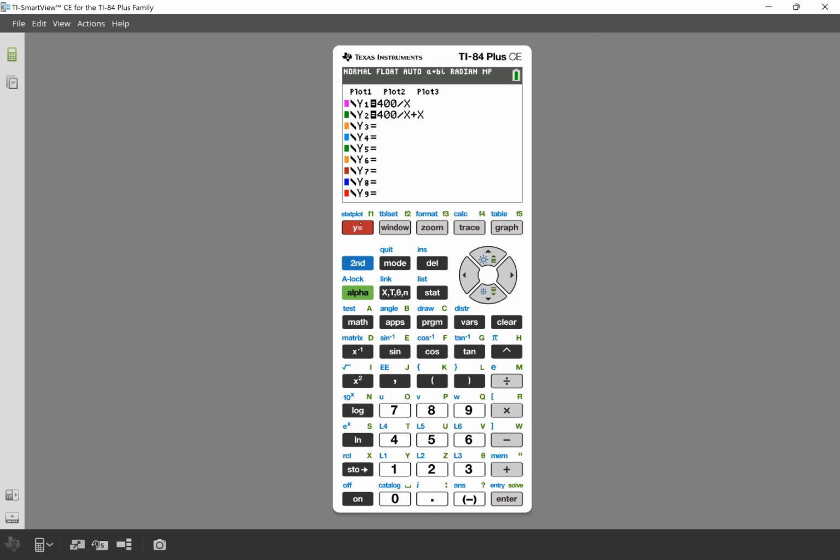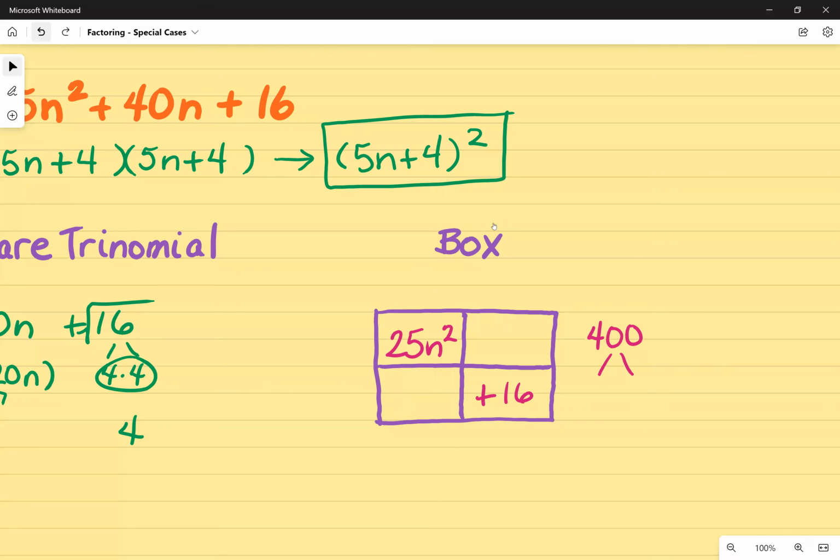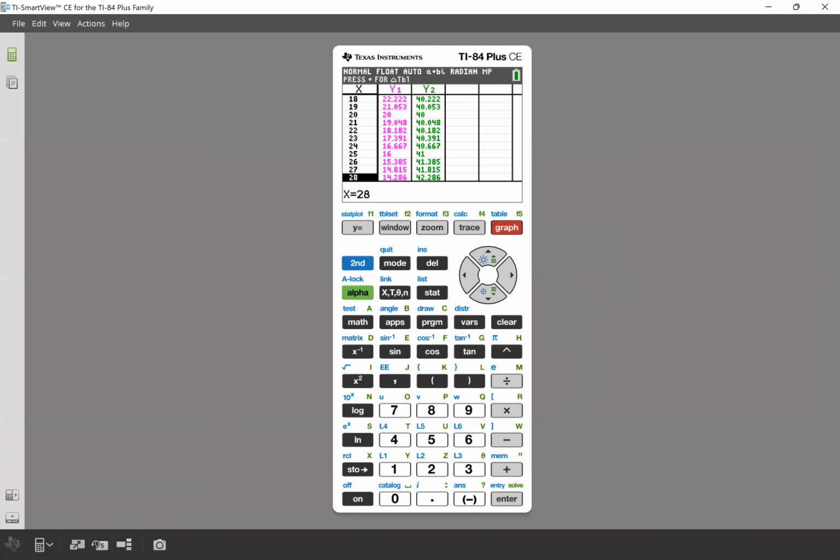I've shown you how to do this before, so you can go back to the other video to see how to input this. Now you want to go to your table. Second graph. What you are looking for is your middle term, which we said is positive 40. The sign matters. So if I look in my third column, I see positive 40 is shown here.